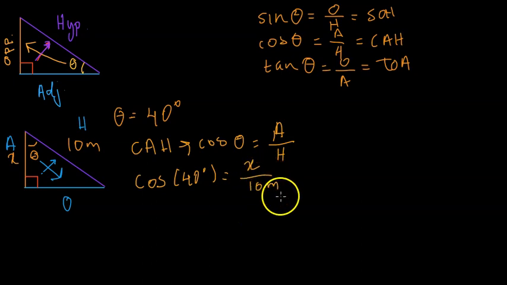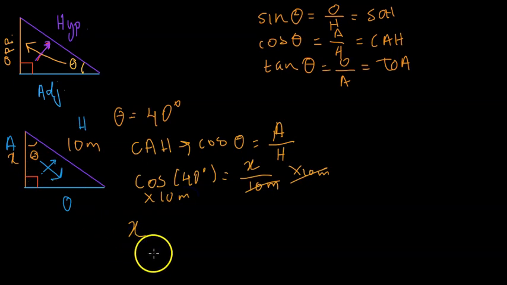We can work out x by multiplying the 10 onto this side. So multiply both sides by 10 meters. That gets rid of it on that side and moves it over to this side. So our side length for the adjacent in meters is going to be 10 times cos of 40 degrees.